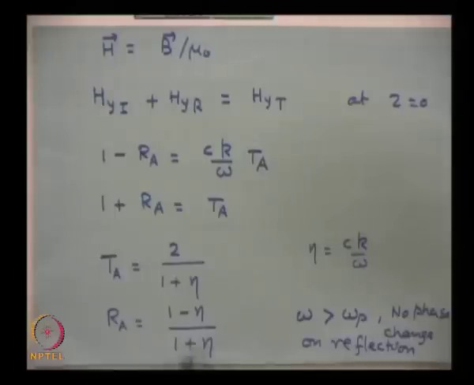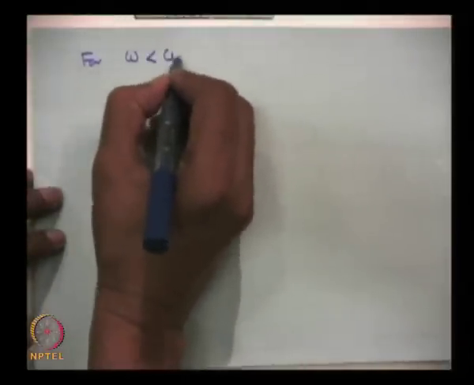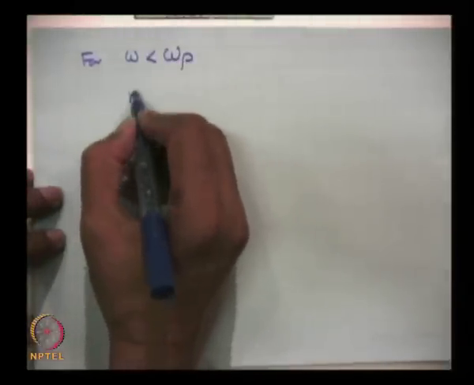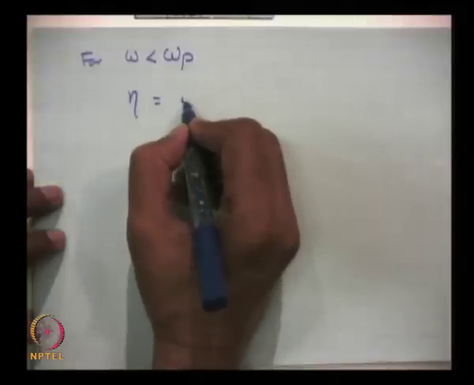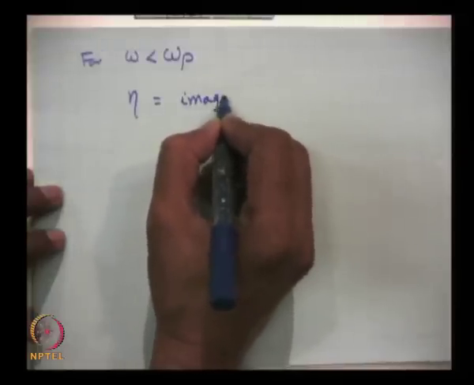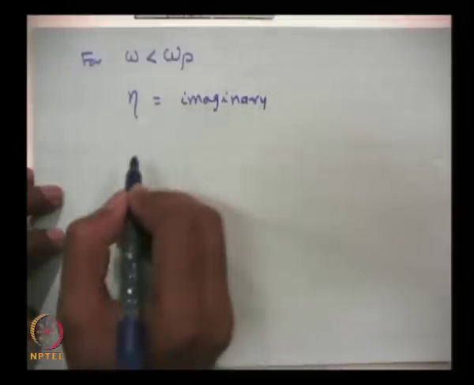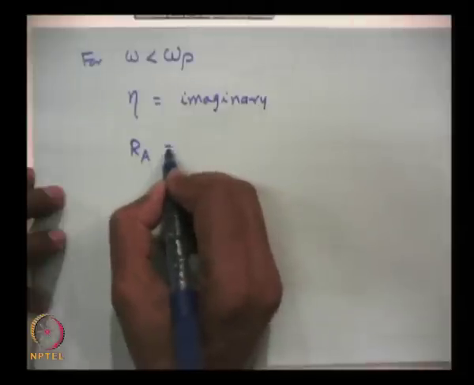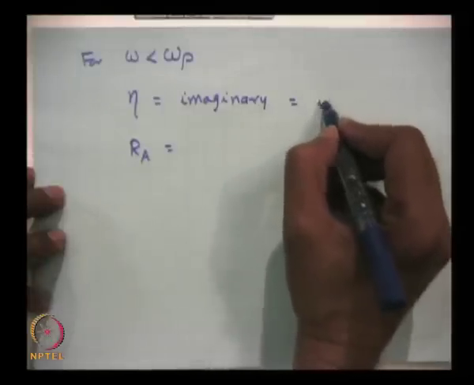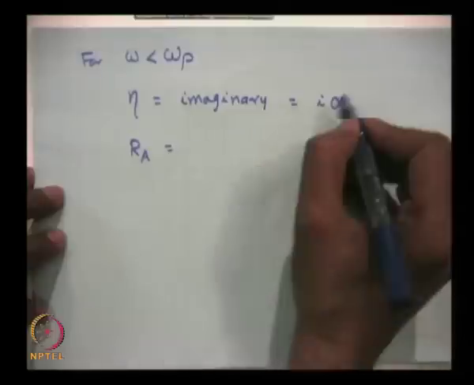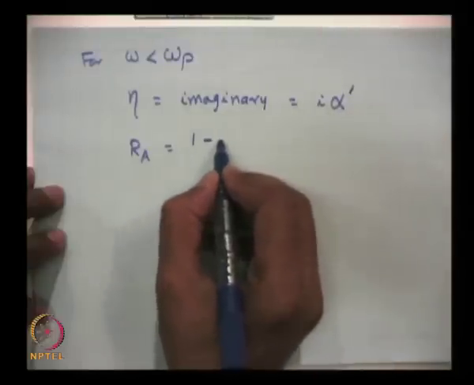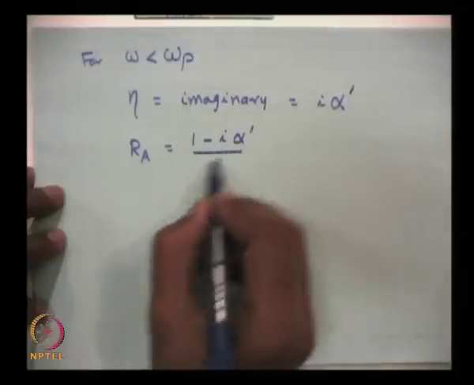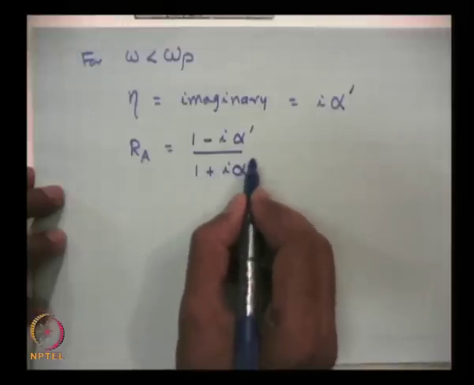On the other hand, if omega is less than omega p, in that case eta is imaginary. When eta is imaginary, Ra can be written as, suppose, I alpha prime, for instance, that becomes 1 minus I alpha prime upon 1 plus I alpha prime.